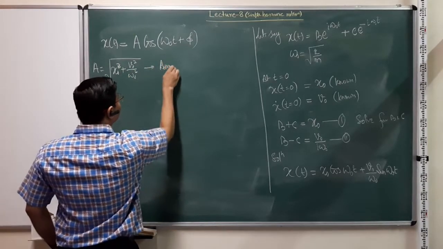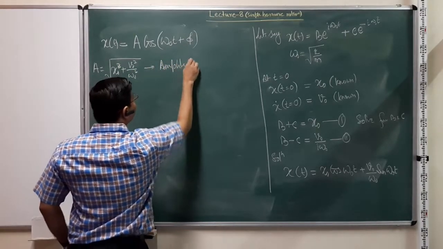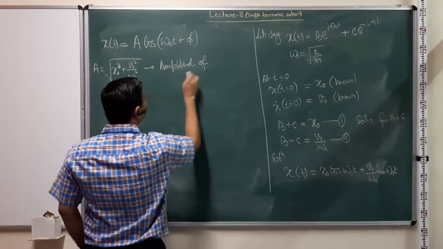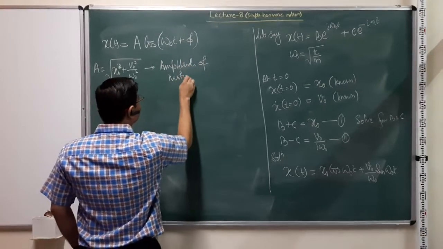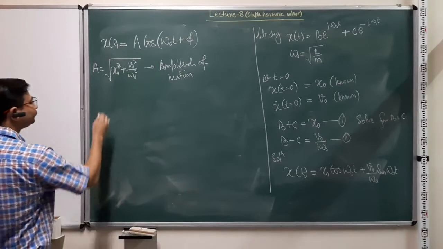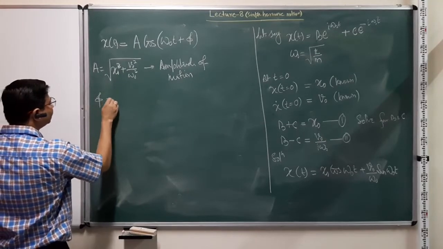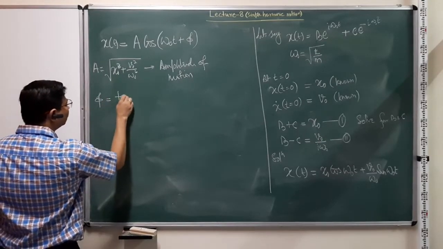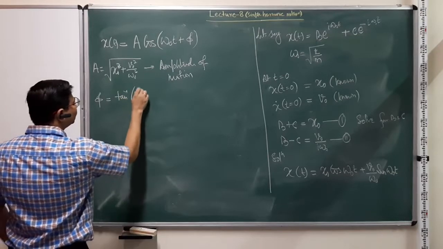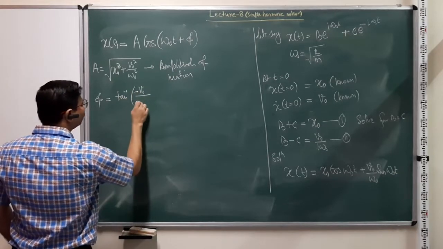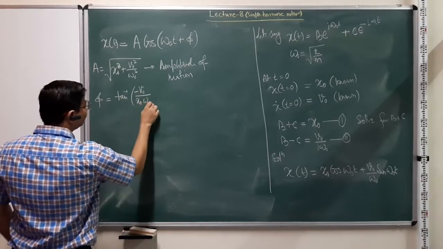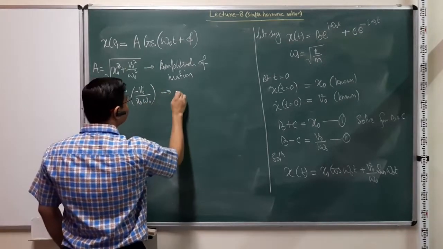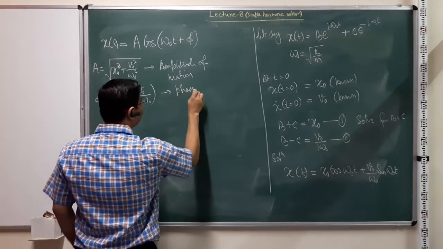This is also termed the amplitude of oscillatory motion. Phi is tan inverse of minus v naught over x naught omega naught. This is termed the phase angle or phase factor.